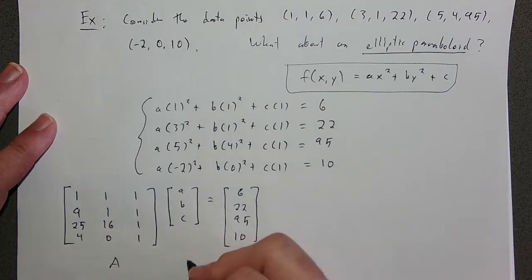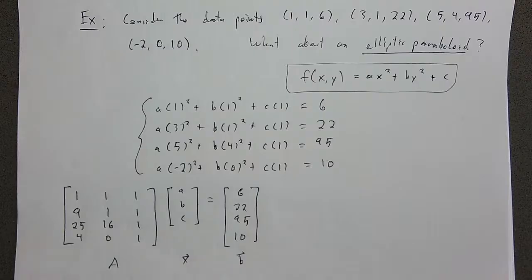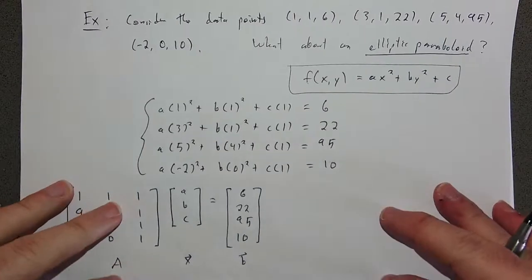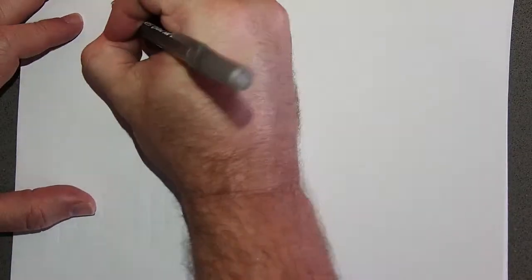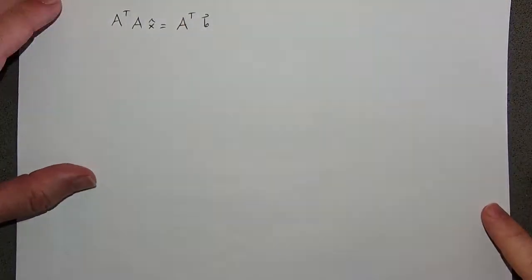So again, this is my Ax equals b. I want to write out my normal equations. So my normal equations, A transpose A times x hat is equal to A transpose b. What does that look like?